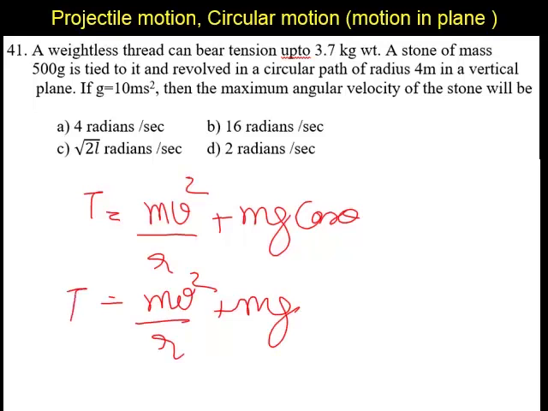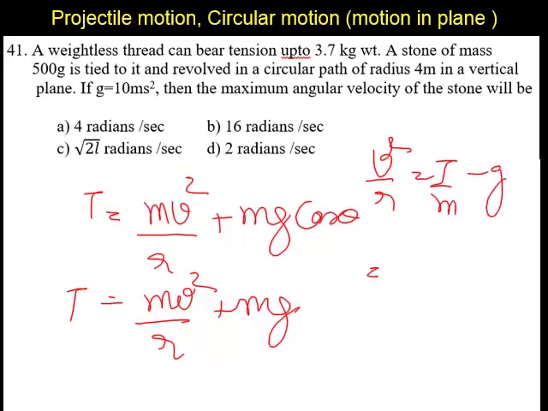So T is equal to mv square by r plus mg. So what is v square by r? We can calculate v square by r from here. v square by r is equal to T by m minus g.